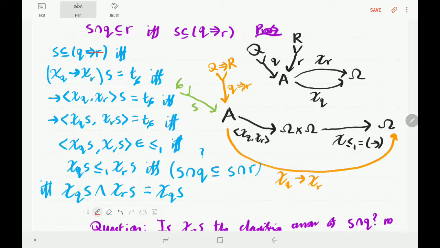That holds true if and only if chi of Q material conditional chi of R after S is true.